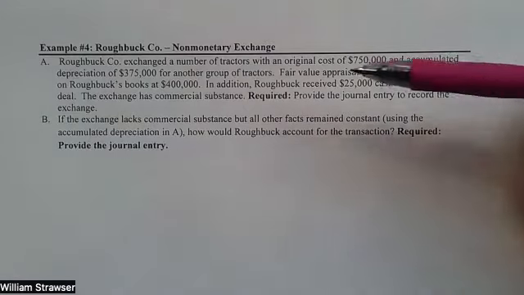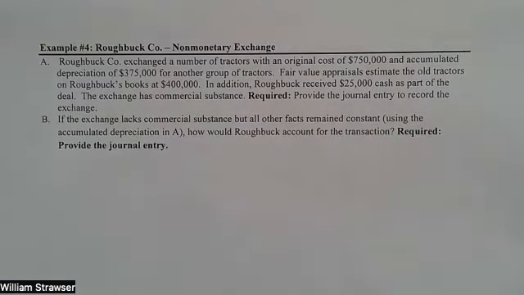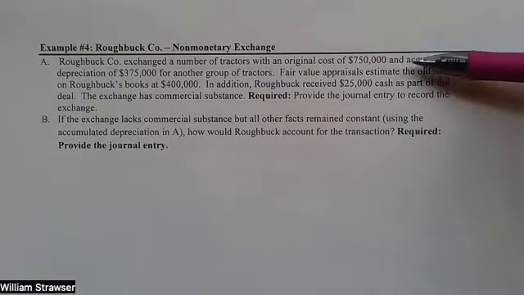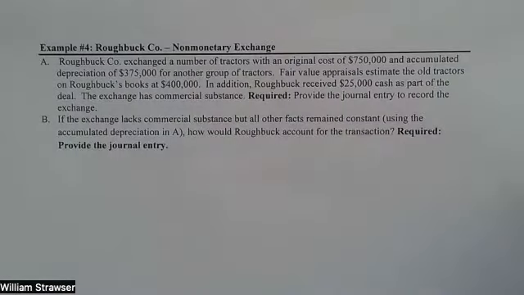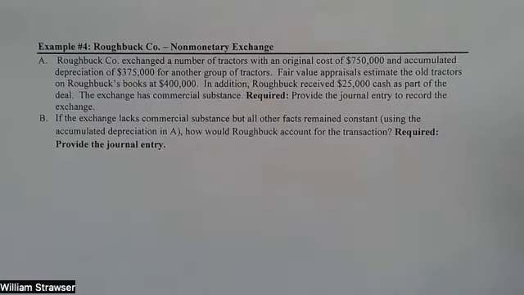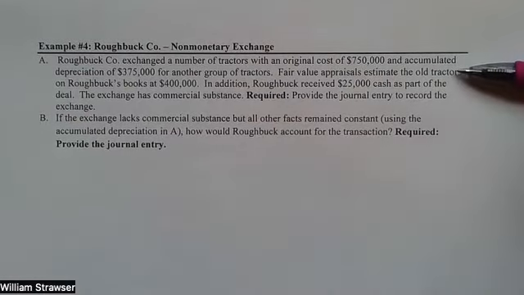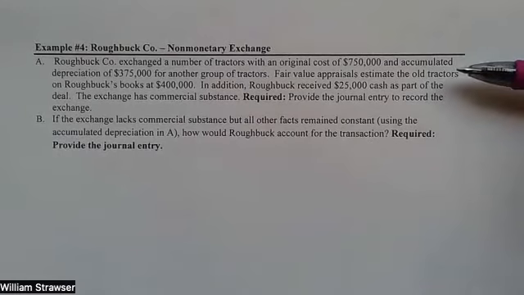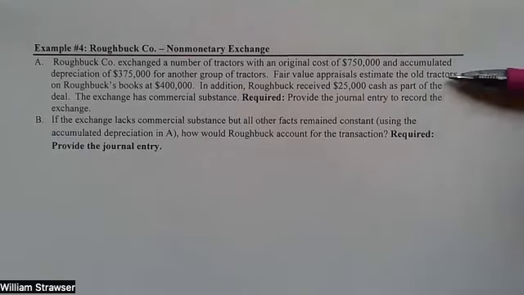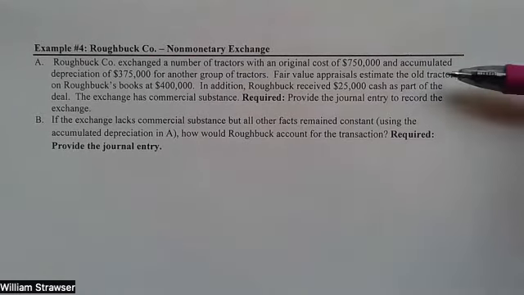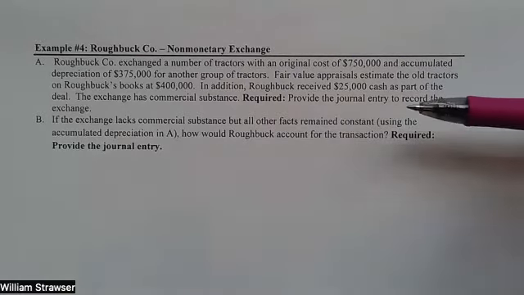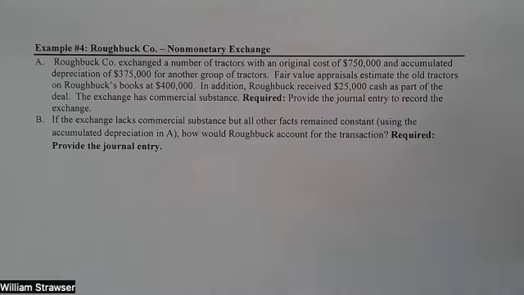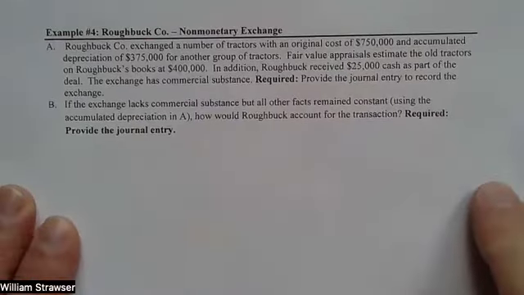So we have Rough Buckets, a company that's exchanging a number of tractors with an original cost of $750,000 and accumulated depreciation of $375,000 for another group of tractors from another company. The fair value appraisals estimate the old tractors on Rough Buck's books at $400,000. We received $25,000 as part of the deal. The exchange has commercial substance, and so we're supposed to record the journal entry for this.